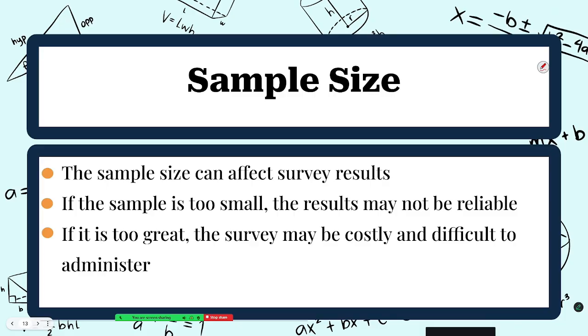But the opposite is also true. If the sample size is too great, the survey might not be accurate because it can be difficult to administer, difficult to track. It will definitely be costly for the person trying to find the information. So you really need to think about your sample size when you design a survey.